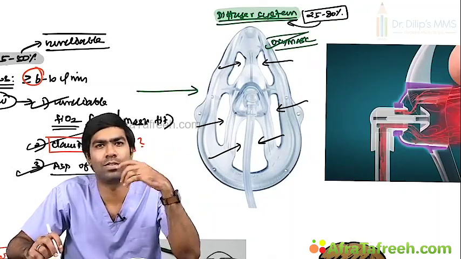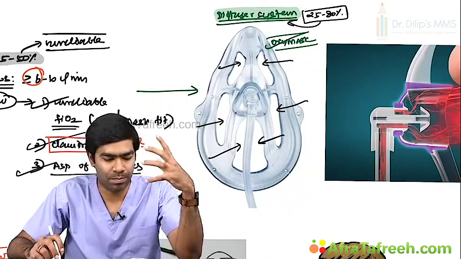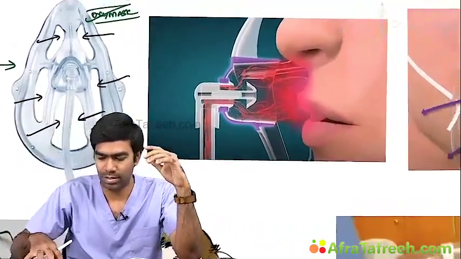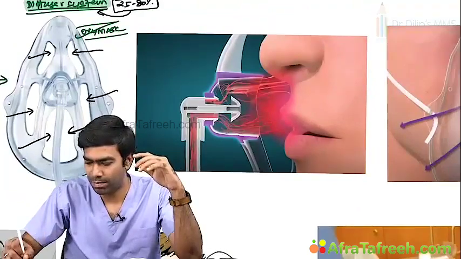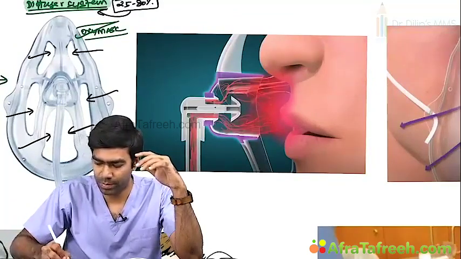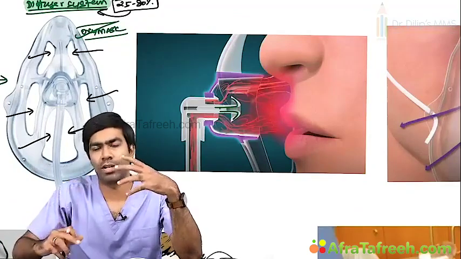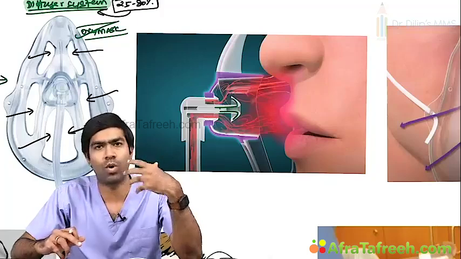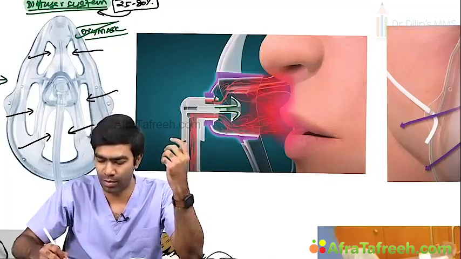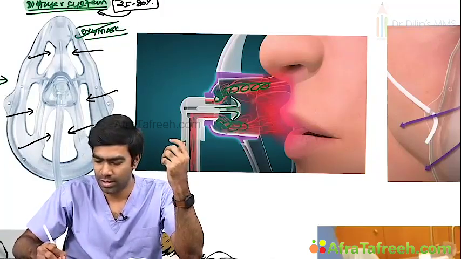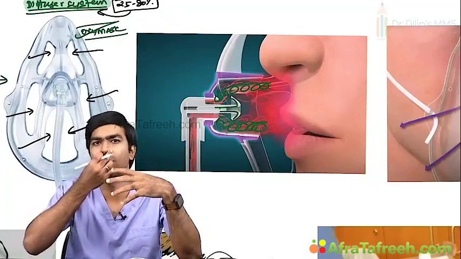So what is this diffuser system? They have a pin, you can see in this example, a special diffuser pin, which forms certain vortices of gas. For example, they form a vortex of oxygen here, which will be directed towards the nose and the mouth.